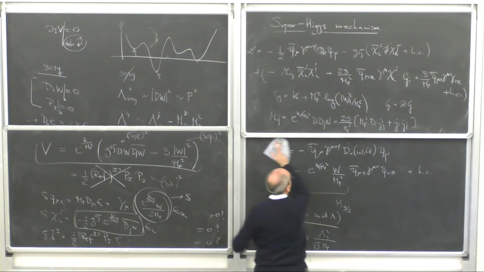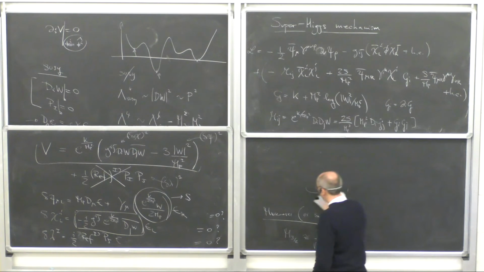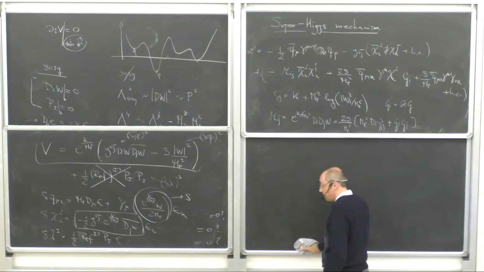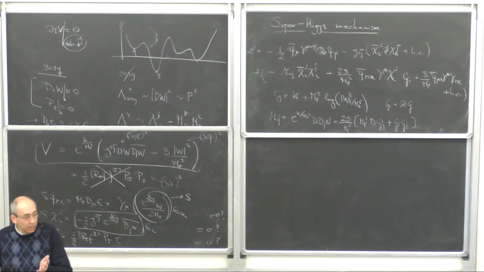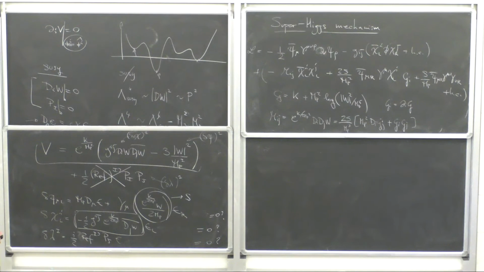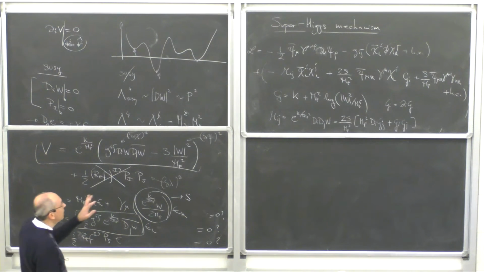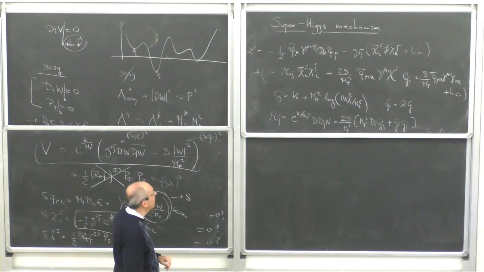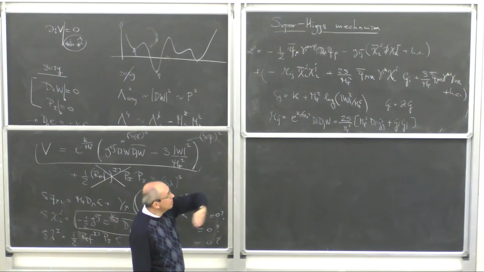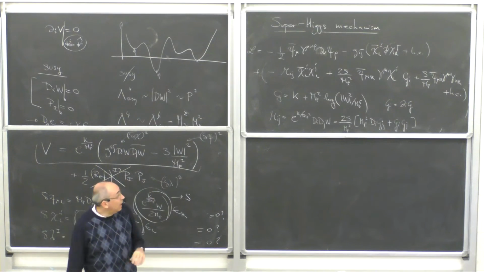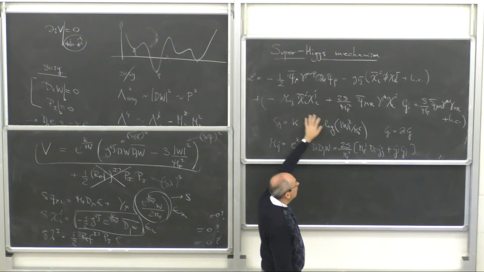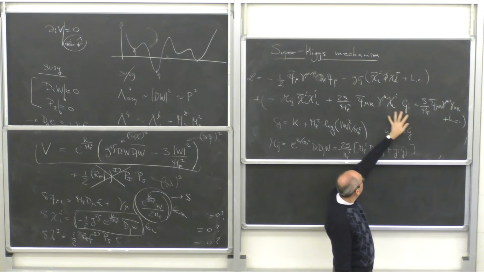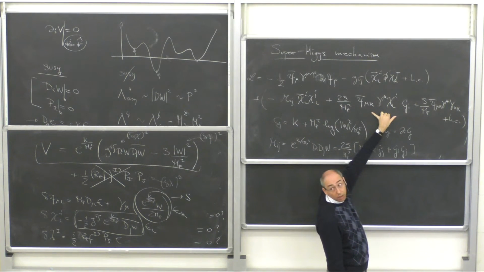So, the thing is the following, essentially. If I look at the fermion part of the Lagrangian, because now I'm looking at the super Higgs, I want the gravitino to become massive, so I don't care about the rest. I look only at the fermions. I have the kinetic term for the gravitino and the chiralini, and then I have a few mass terms. The problem is that I have a real mass term for the chiralini here, a real mass term for the gravitino here, but I have also a mixture of gravitini and chiralini here.